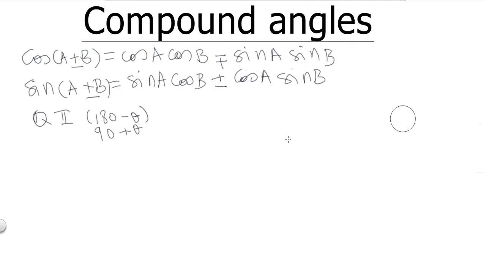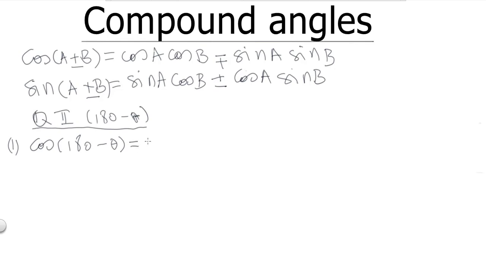But in this case, we are not going to use 90 plus. Let us use 180 minus theta. So we'll have, for example, cos of 180 minus theta.